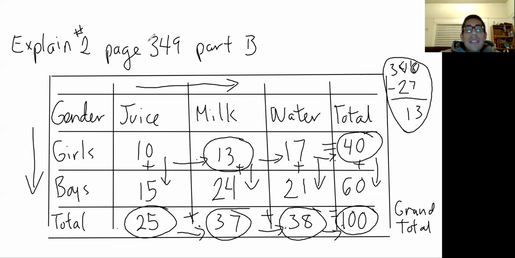So 25 plus 37 plus 38. 38 plus 7 is going to be 15. 3 and 3 is going to be 60. Plus 15 is going to be 75. 75 plus 25, right? These two together give me 75. Plus 25 gives me 100. Yep, checks out. Okay, I've completed my two-way frequency table.